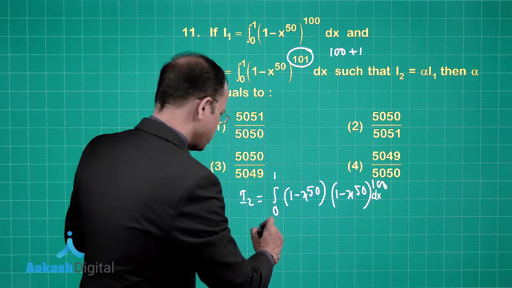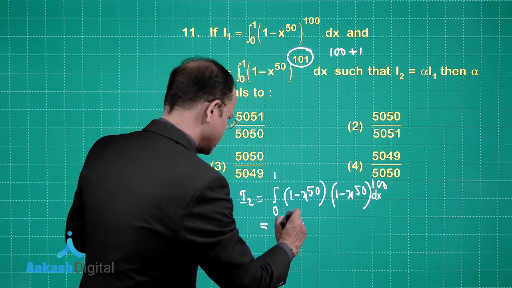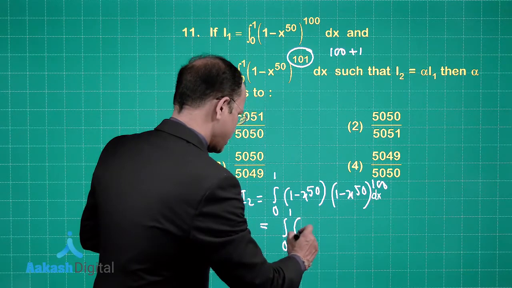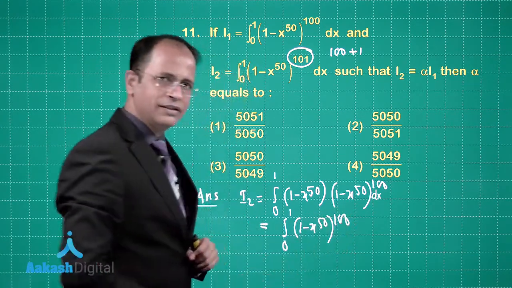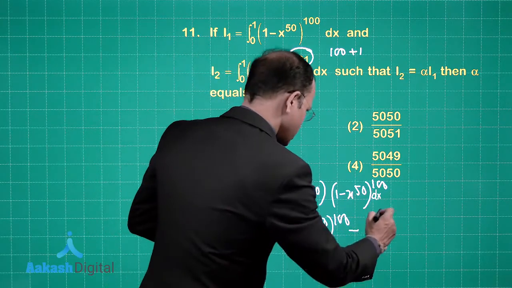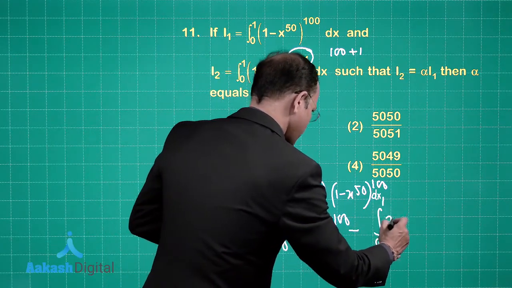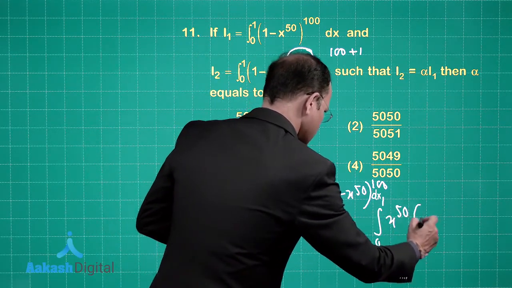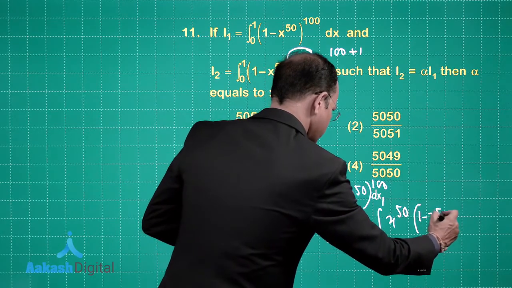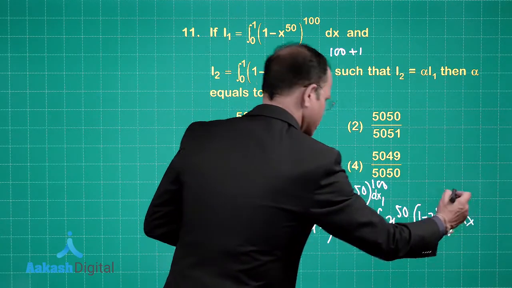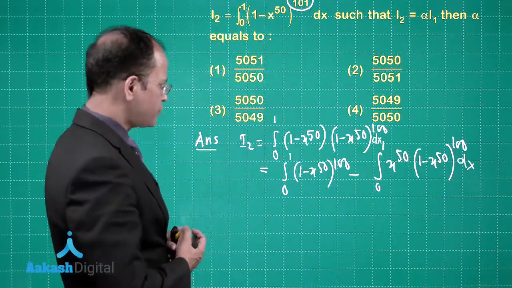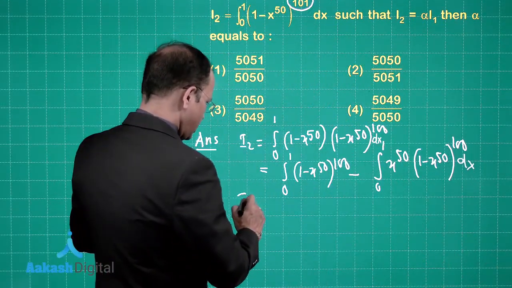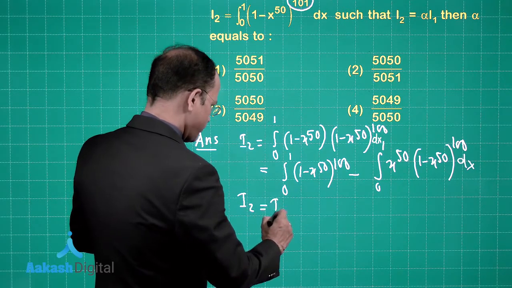So this is coming out to be the integral from 0 to 1 of (1 minus x raised to the power 50) raised to the power 100, minus the integral from 0 to 1 of x raised to the power 50 times (1 minus x raised to the power 50) whole raised to the power 100 dx we have, isn't it? Now the interesting part is that this is I1.